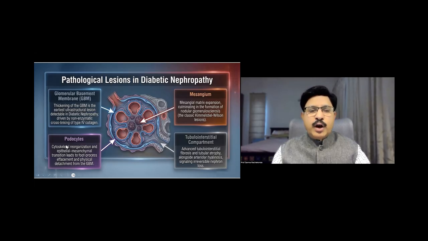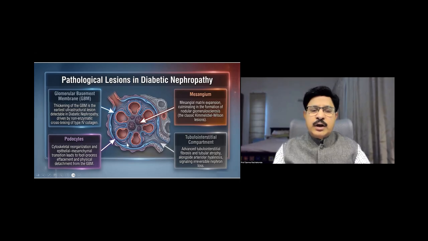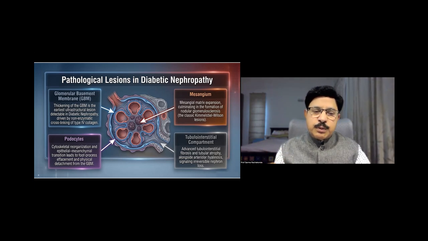Now, podocytes. We have seen podocytes in nephrotic syndrome: cytoskeletal reorganization and epithelial mesenchymal transition lead to foot process loss and foot process effacement. I have shown you in nephrotic syndrome that this leads to physical detachment of the podocyte from the basement membrane, and the fenestrations are lost.